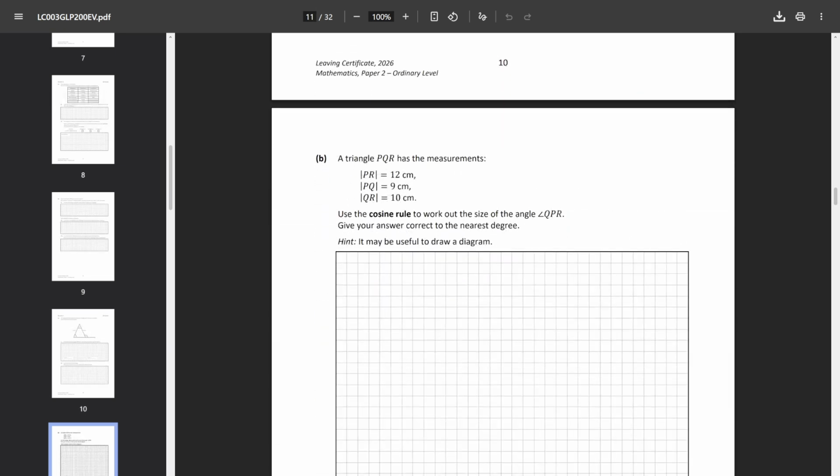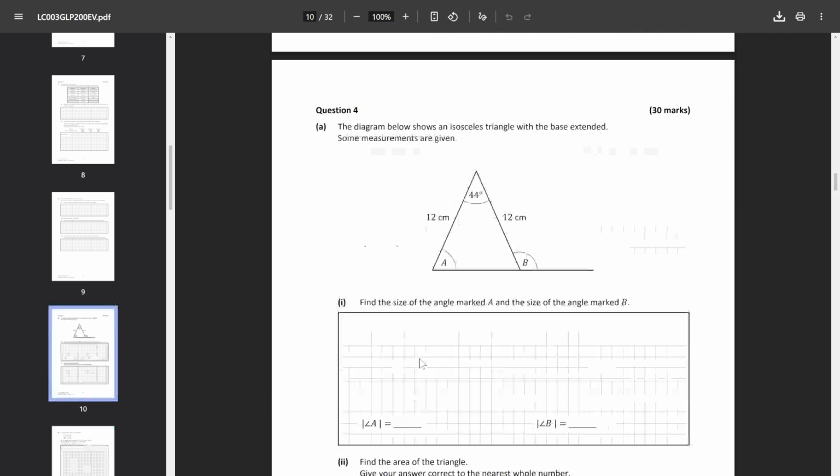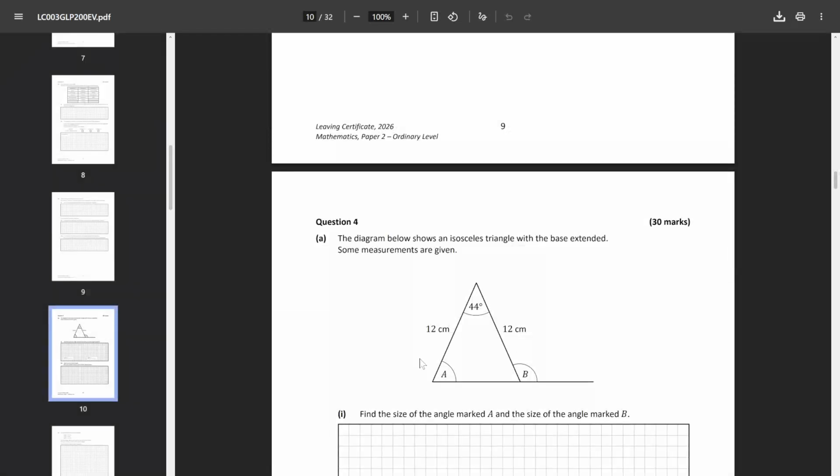Then part B, once you drew the diagram, as it mentions it might be useful to draw a diagram, you can pretty easily work out QPR. Not too bad of a question. I'd say a lot of people were pretty happy about that. It was a very much predicted topic, and nice to have it come up in a short question.